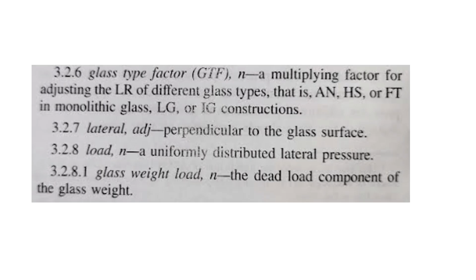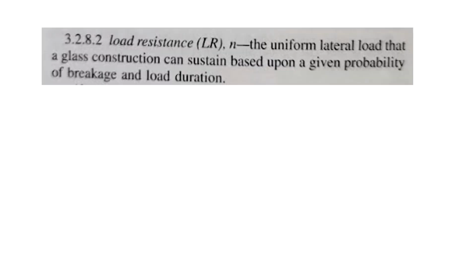It can be wind. It can be other things. But dead load is the easiest to describe because it is just the weight of the components. Okay, now 3282 load resistance: once again, the uniform lateral load that a glass construction can sustain upon a given probability of breakage and load duration.